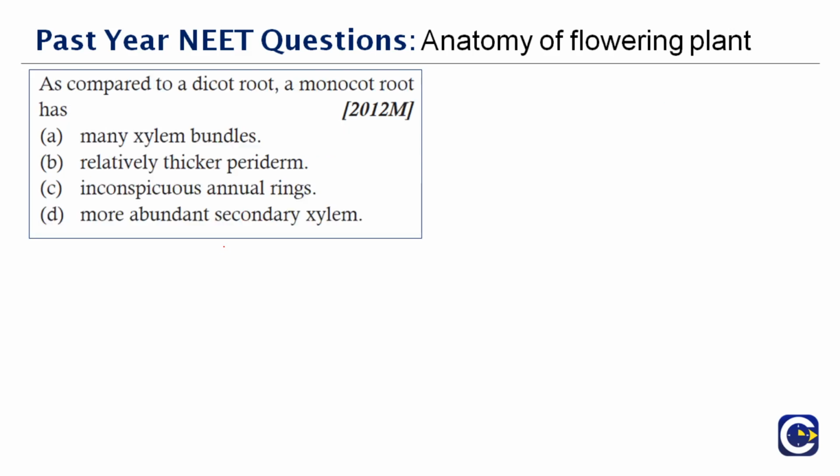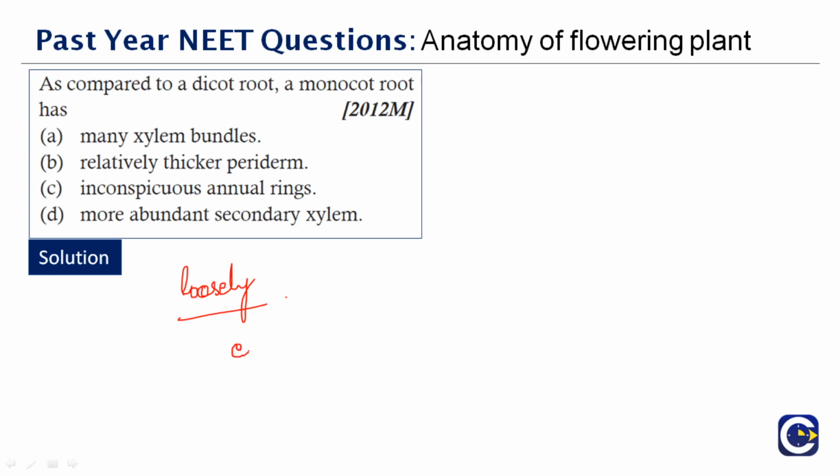Next question here. As compared to a dicot root, a monocot root has dash. You're comparing both. A dicot doesn't have that, but a monocot has that. The vascular bundles are arranged in a loose circle inside the endodermis of a monocot root. So it is arranged loosely. If you see, in a monocot root, more than 6 vascular bundles are present, and it shows a polyarch condition.